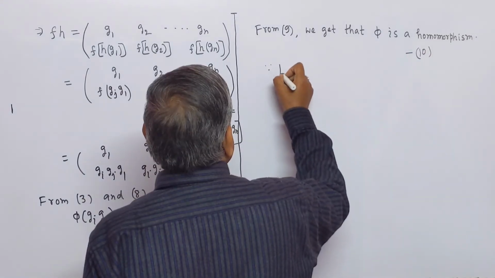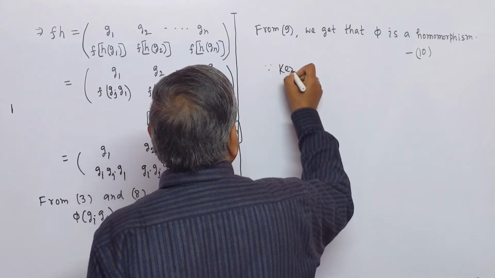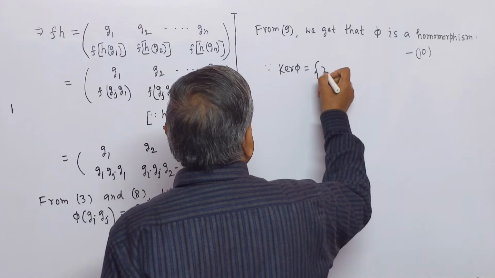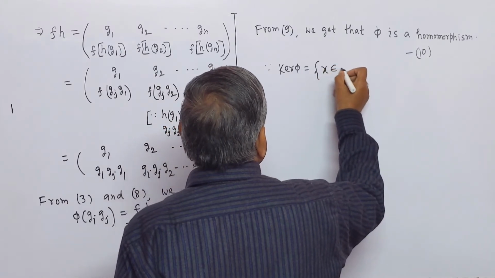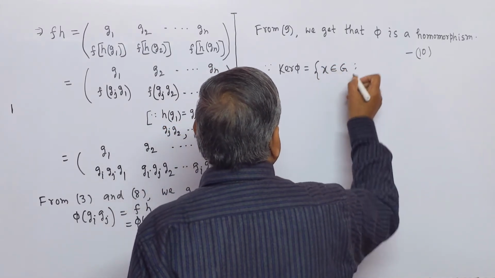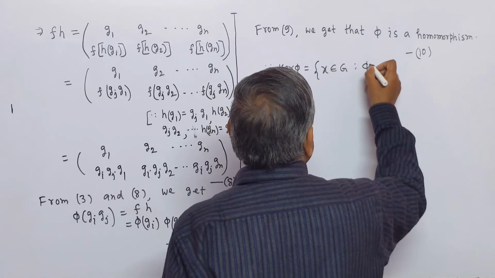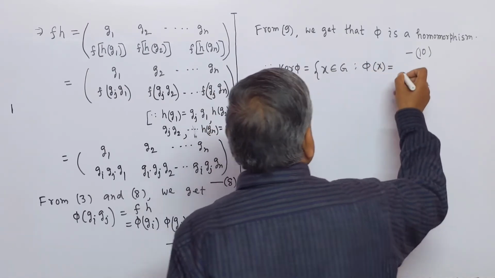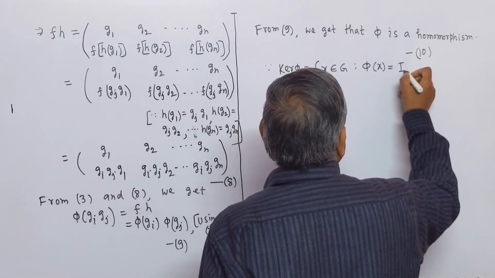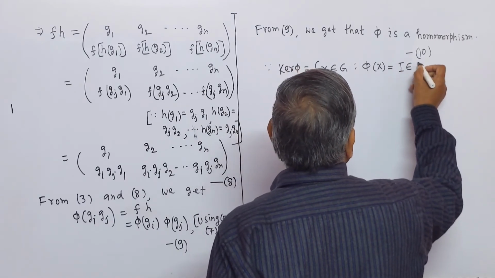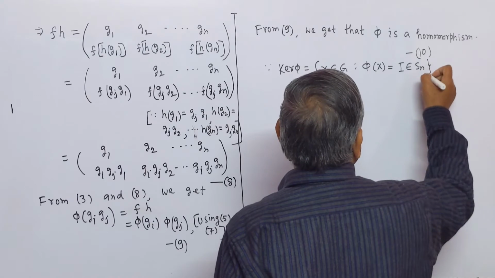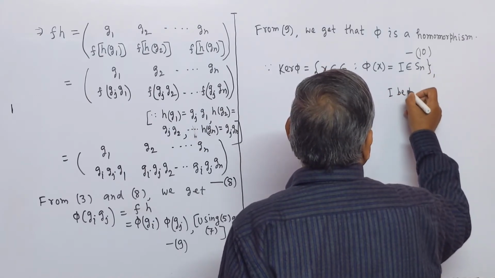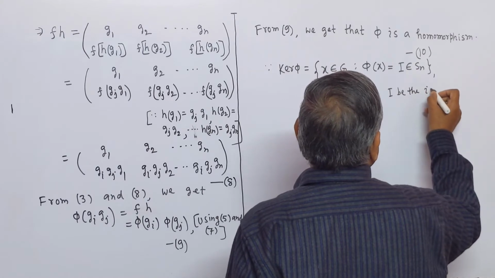Since the kernel of phi equals the set of x belonging to G such that phi of x is the identity permutation, which belongs to Sn, let I be the identity permutation.